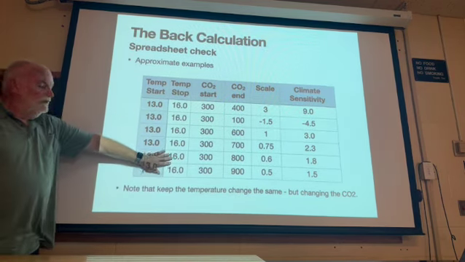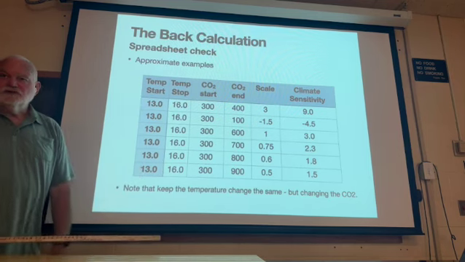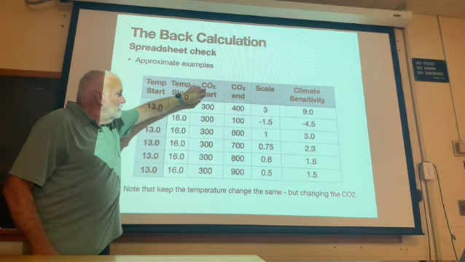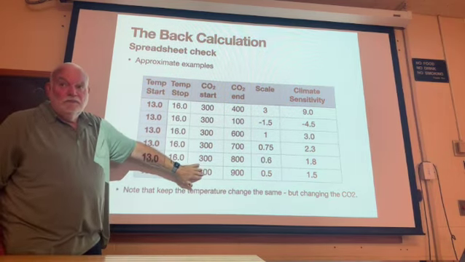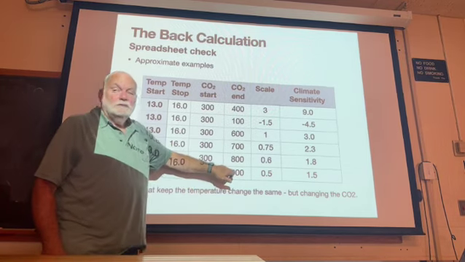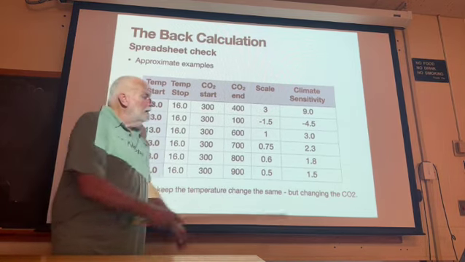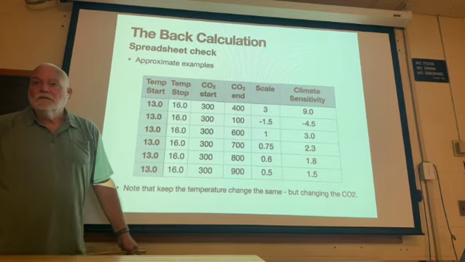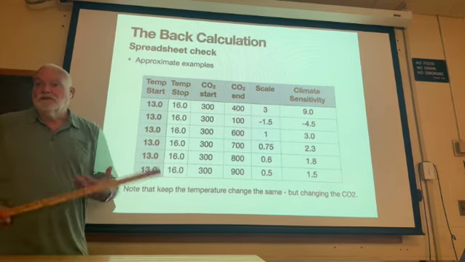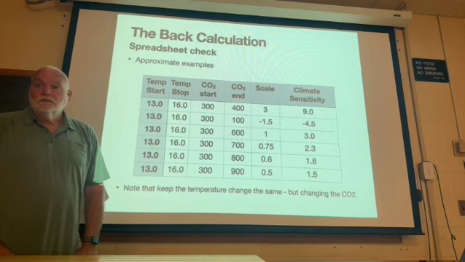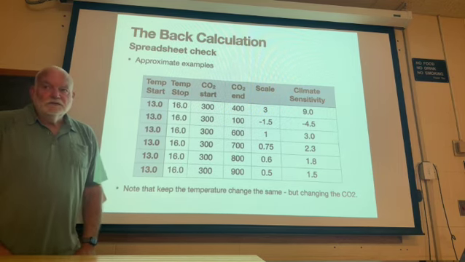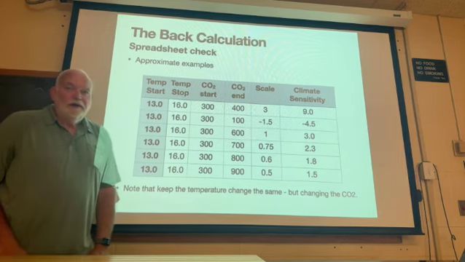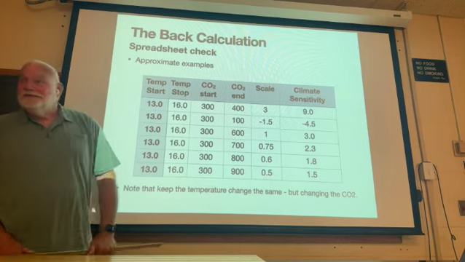But I'm always talking about the same 3-degree temperature change. The only thing I'm messing with is this. I could get a whole different set of numbers if I kept these the same and messed with this. They would be interpreted slightly differently. Is it a better explanation? Yeah. Okay. Anybody have a pressing need to run a calculation? No?